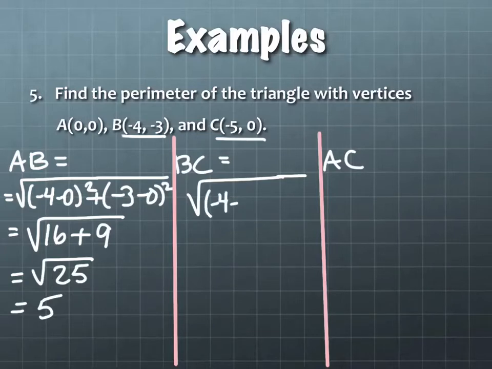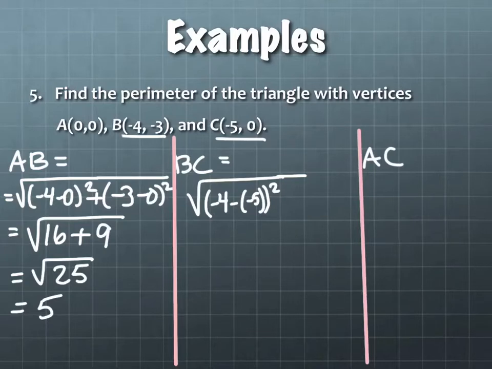Excellent. So many negatives, right, Taylor? Yeah. Negative 4 minus negative 5. All of that squared. And then what's the other piece? Negative 3 minus 0 squared. Yep. Plus negative 3 minus 0 squared.